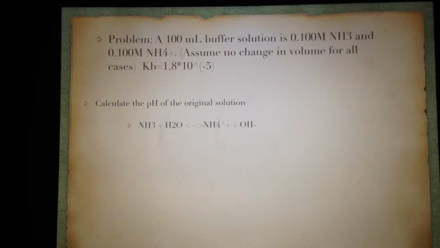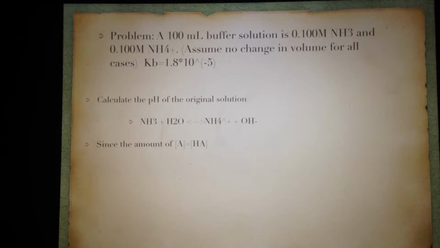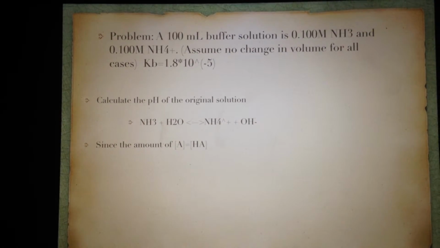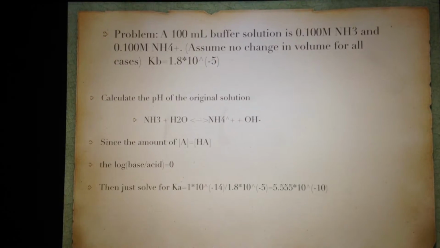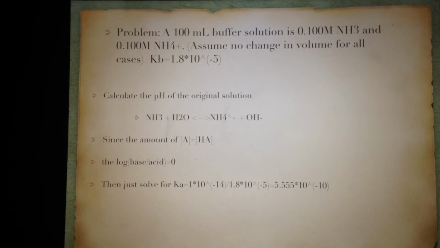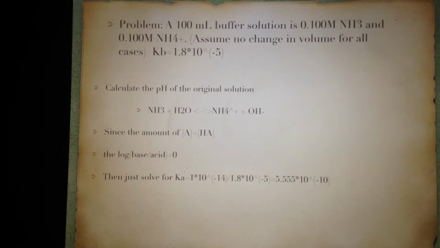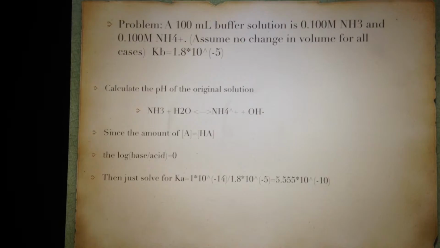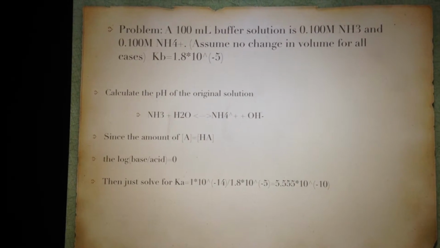You set up the equation, and since you know that the amount of base is equal to the amount of acid, you know that the log of base over acid will equal 0 because log of 1 equals 0. Then you just solve for Ka, so you use Ka equals Kw, which is 1 times 10 to the negative 14, over Kb, which is 1.8 times 10 to the negative fifth, and your Ka comes out to 5.55 times 10 to the negative 10.